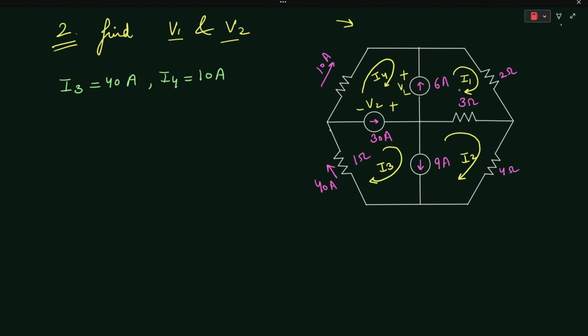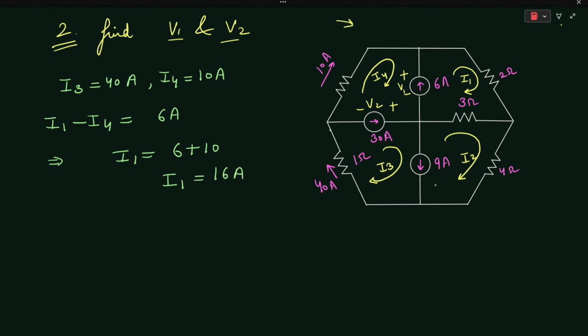From this diagram, we can clearly see that I1 minus I4 is equal to 6 amperes. On substituting the value of I4 in this equation, we get I1 equal to 6 plus 10, so I1 will be equal to 16 amperes.